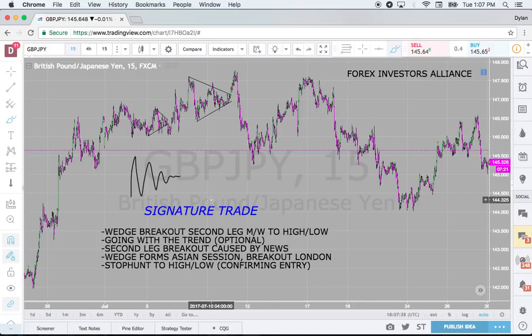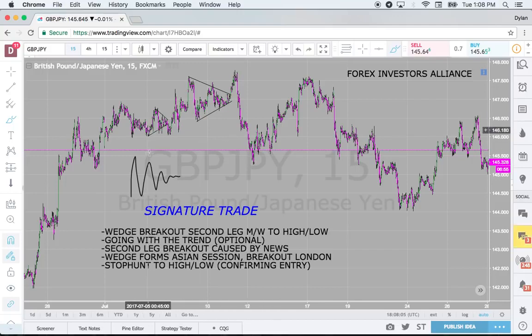These are fractal, multi-fractal formations. This pattern can form on every pair and on every time frame. So there's not a specific pair or a specific time frame where the setup occurs.